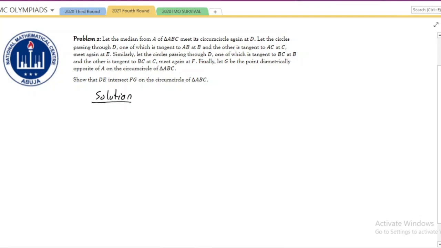So we have a triangle ABC, then we draw the median from A. It meets the second circle again at D. Okay, so we have A, B, C, and I'm just going to sketch the second circle.